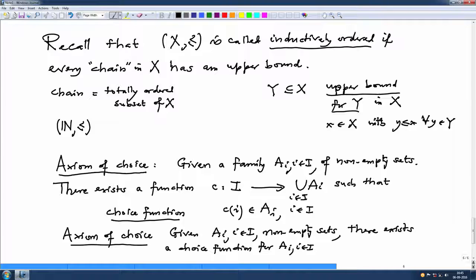This is equivalent to saying the product set of the A_i is non-empty, because an element of the product set is a tuple, and the tuple will give you the function. So, if there is a tuple here, that will correspond to a choice function.